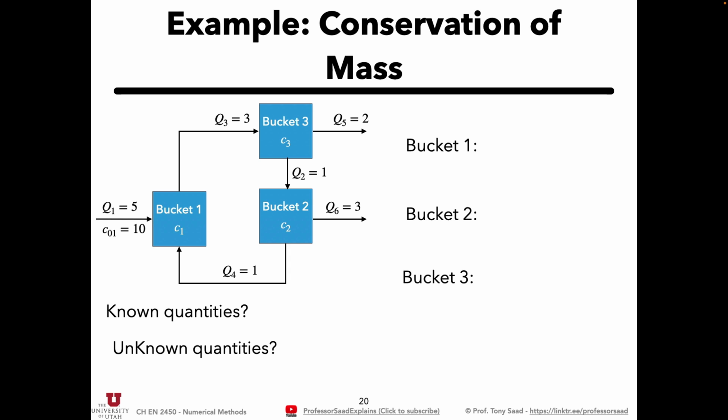What is coming in must be leaving bucket 1. So think about it this way. For bucket 1, we have C1 times Q1 plus C2 times Q4 equals C2 times Q3.